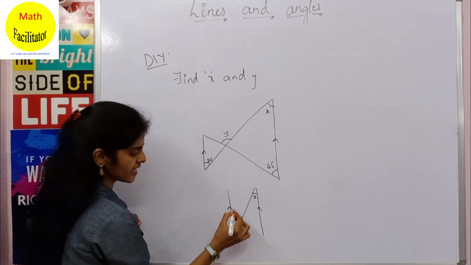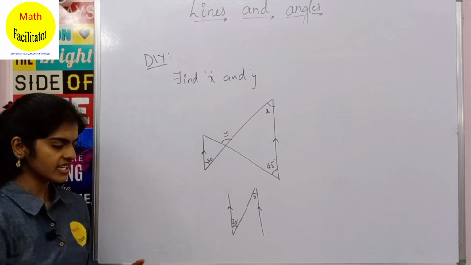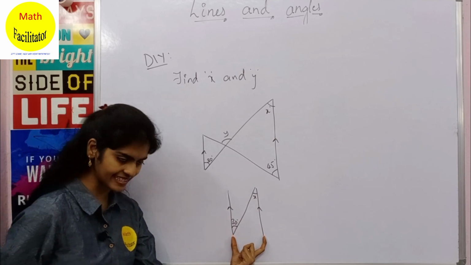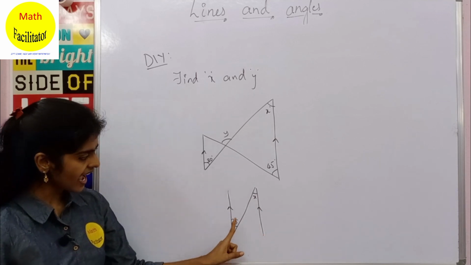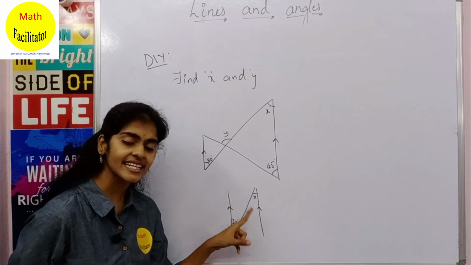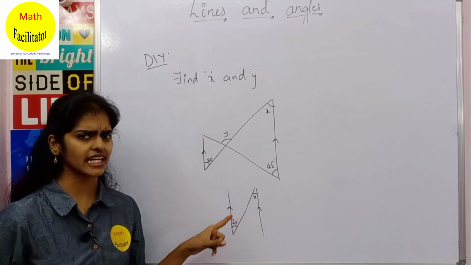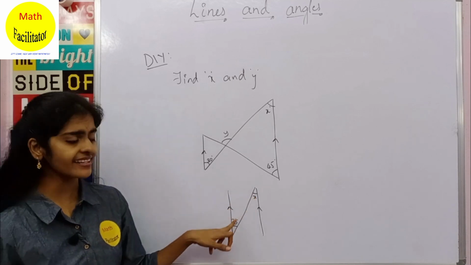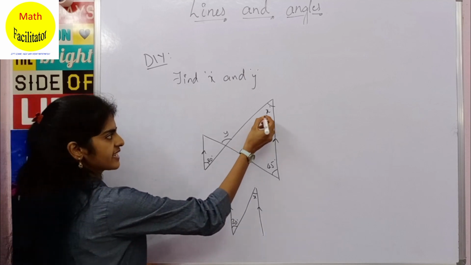These two angles are interior angles of the parallel lines, on either side of the transversal. So they are alternate interior angles, and alternate interior angles are equal. So you will get the value of x.